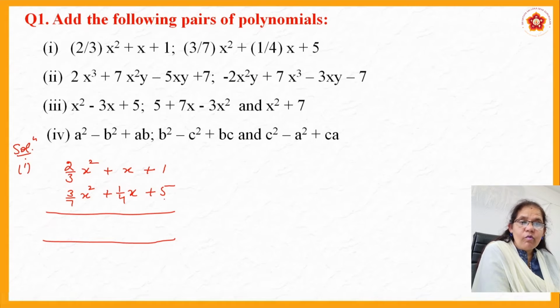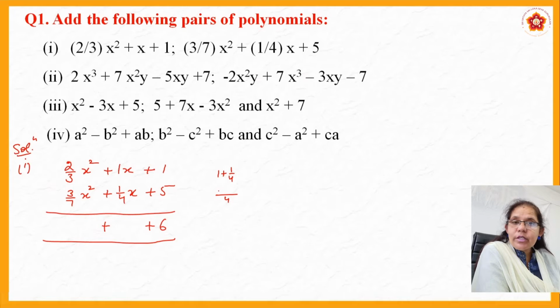If you see 1 plus 5 is 6. Now we have x plus 1 by 4x. If it is only x, it means it is 1x. You can do it in the corner also, 1 plus 1 by 4. What will be the answer? If you can mentally do the calculation, very good.